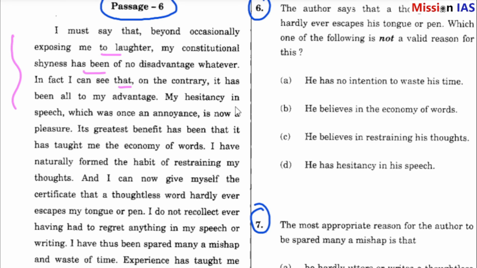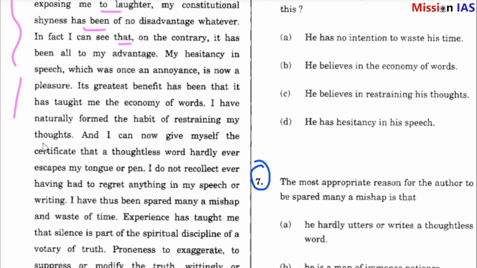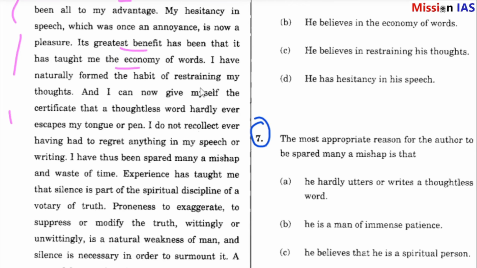My hesitancy in speech, which was once an irritation, is now a pleasure. Its greatest benefit has been that it has taught me the economy of words. I have naturally formed the habit of restraining my thoughts, and I can now give myself the certificate that a thoughtless word hardly ever escapes my tongue or pen.